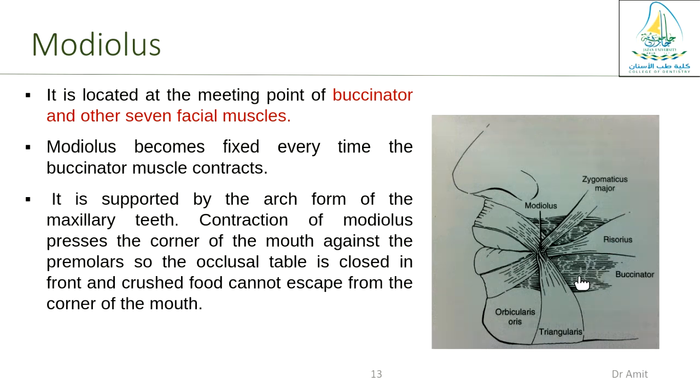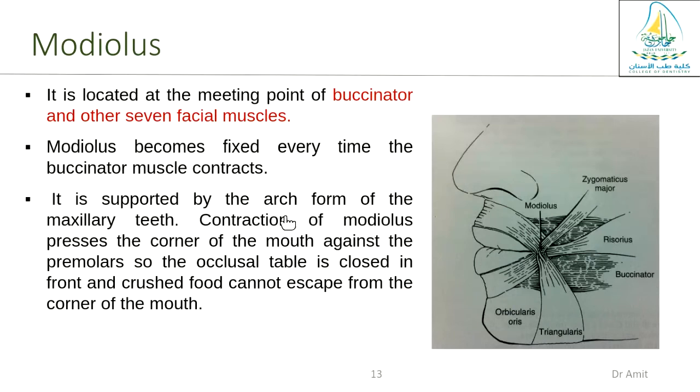So always, when you try to swallow, what happens? The very first thing that happens is this modulus is locked against the teeth, so that the water or any of the food does not go out, and this point becomes a fixed point. So modulus becomes fixed every time the buccinator muscle contracts.